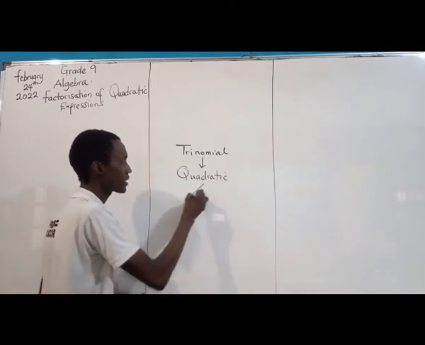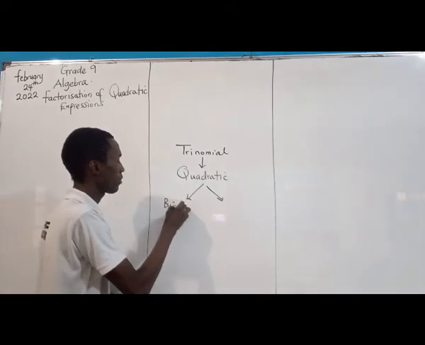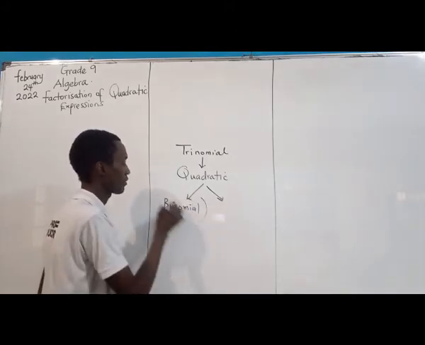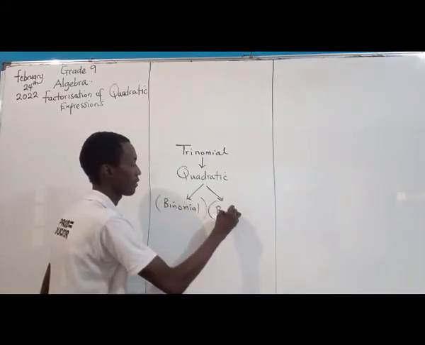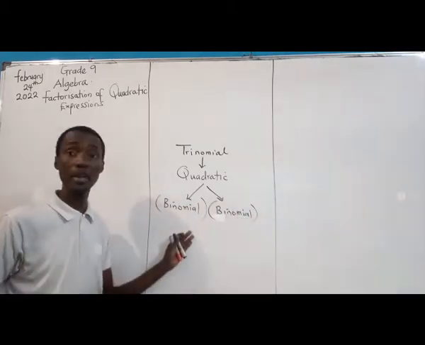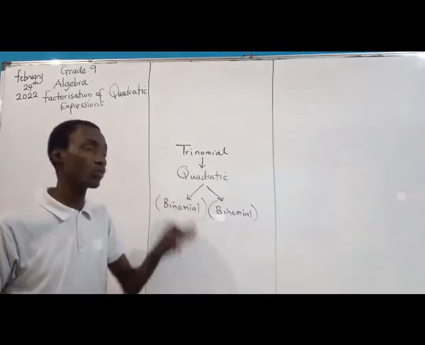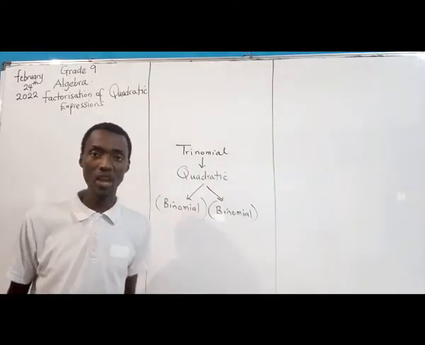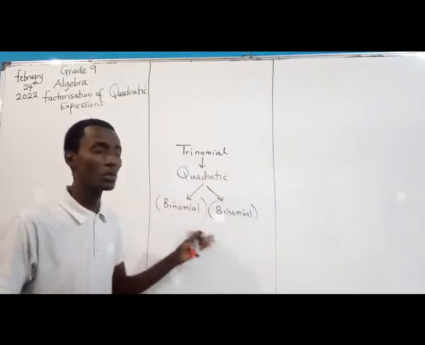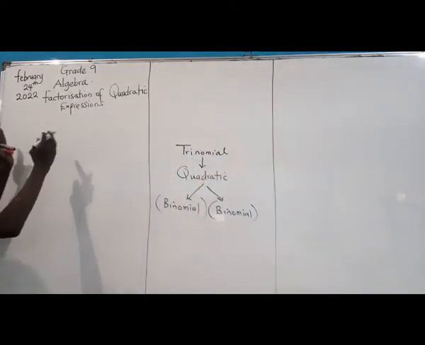And the quadratic is gotten by multiplying binomials. So when I multiply 2 binomials, what I will get is a type of trinomial, which I have called the quadratic. So this is what we're looking at. So let's mirror this into the board and see what it will really look like.